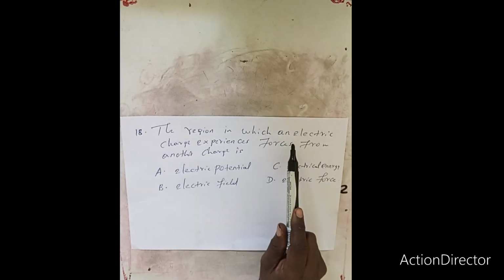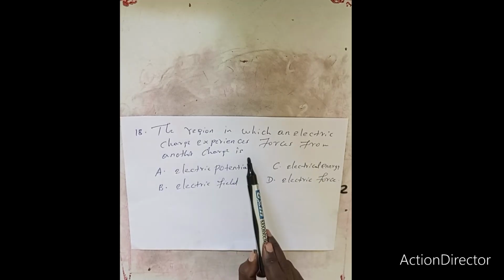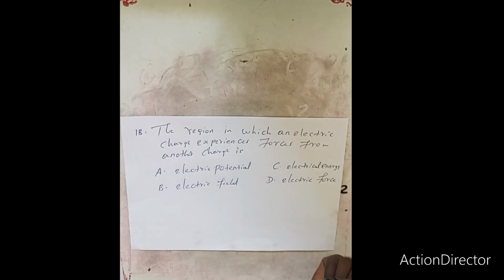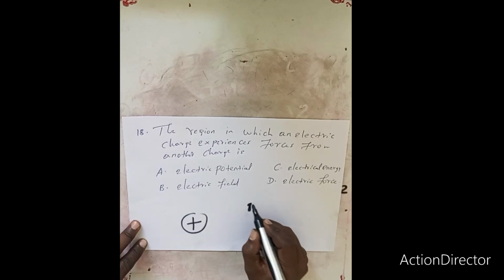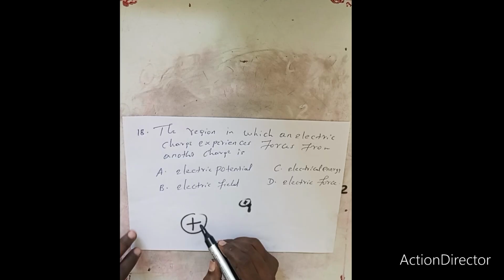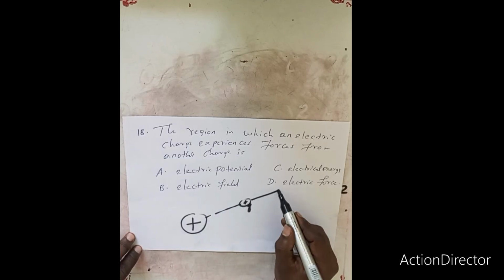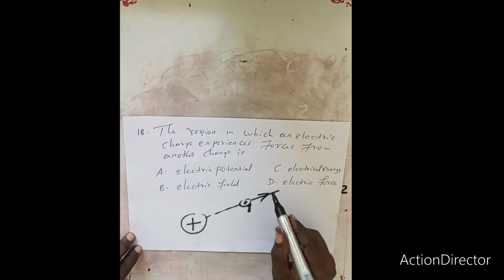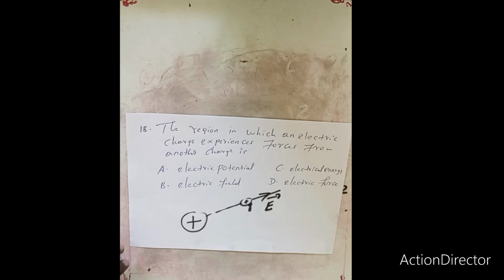The region in which an electric charge experiences force from another charge. Let's say we have a positive charge, and we have a test charge, let's say a small positive test charge. So this positive charge experiences a force, and it shows direction. The force experienced direction is represented by this one. That shows the direction of the electric field.